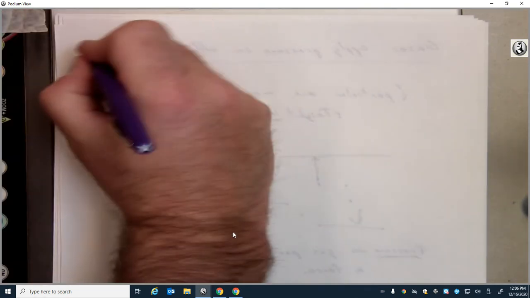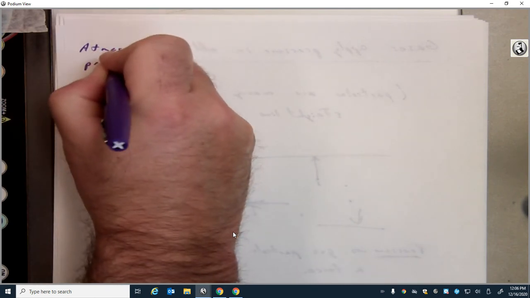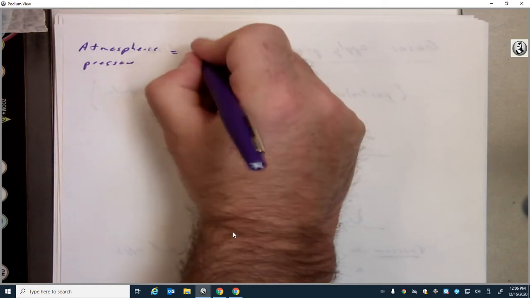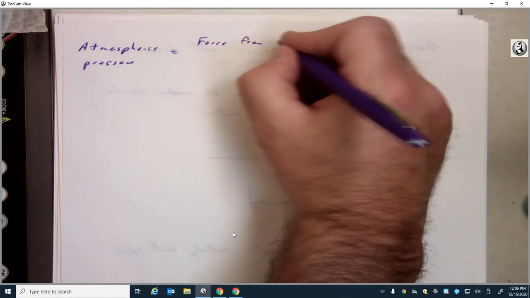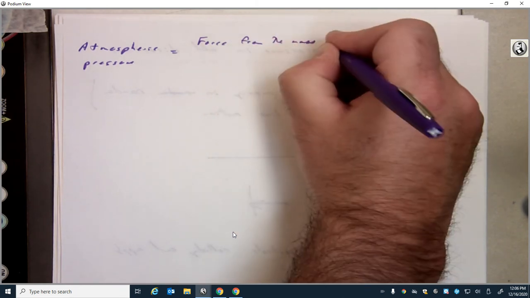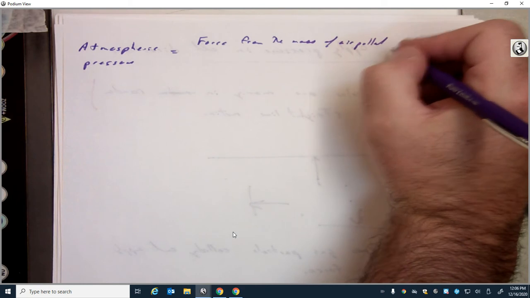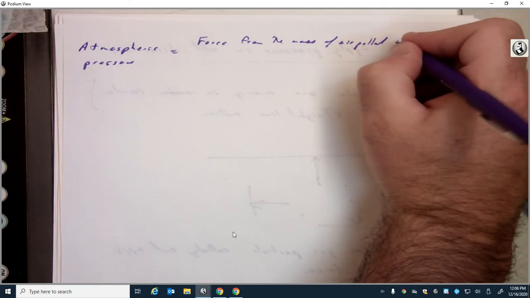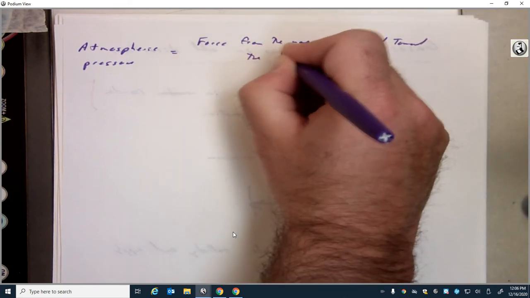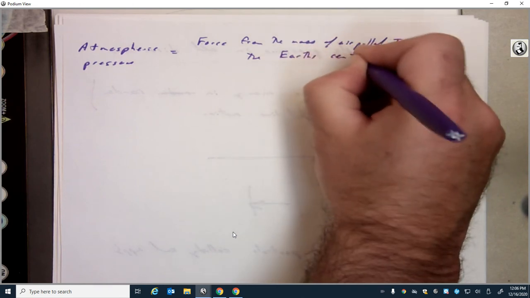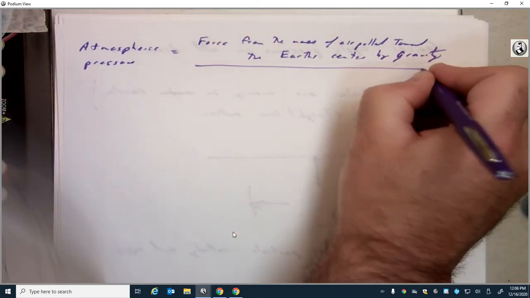So our atmospheric pressure equals the force from the mass of air pulled toward the Earth's center by gravity, divided by area.